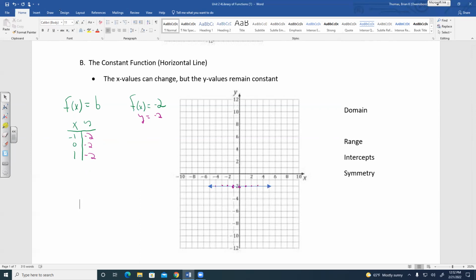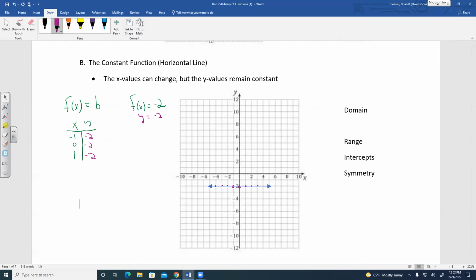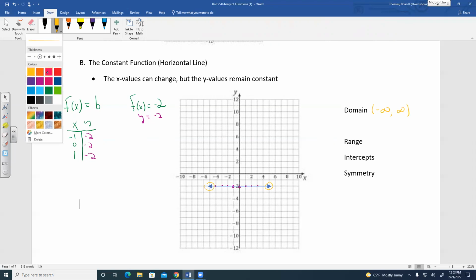So as far as domain goes, if we look at this problem here, notice how the left bound is an arrow and the right bound is an arrow. So there are no domain restrictions. It's just simply -infinity to infinity. But as far as the range goes, there's only one y value.